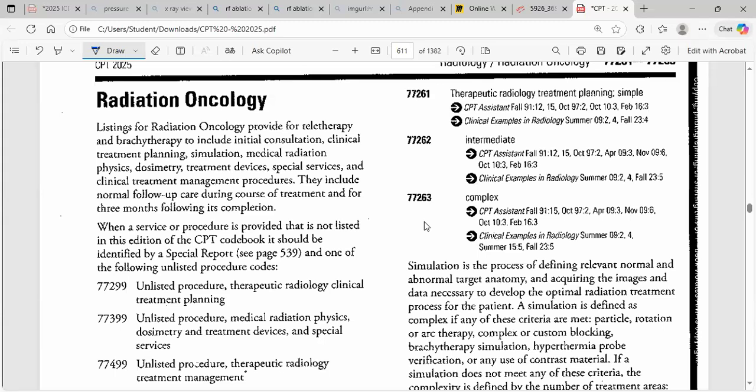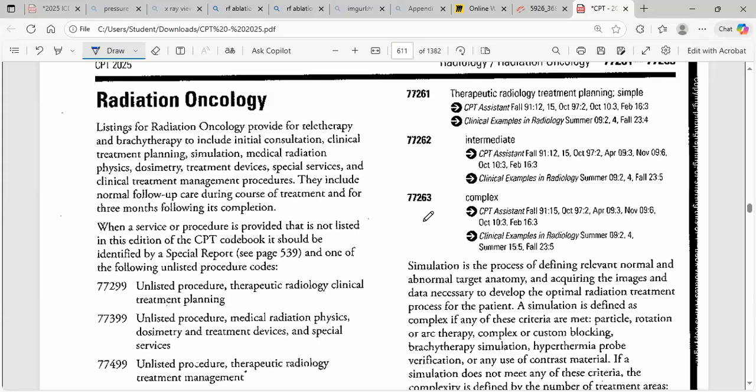Basically, radiation oncology is a multidisciplinary medical specialty. Here we need physicians, physicists, nurses, scientists, computer scientists. So many people are included in the radiation oncology department, where we have to start with the consultation, then clinical treatment planning, medical radiation physics, dosimetry, treatment devices, stereotactic radiation treatment delivery, or neutron beam treatment delivery.